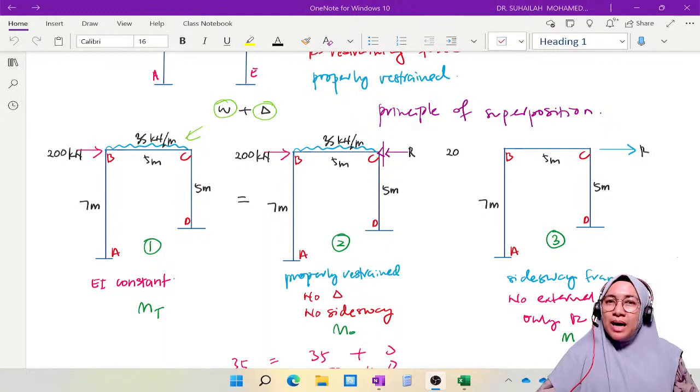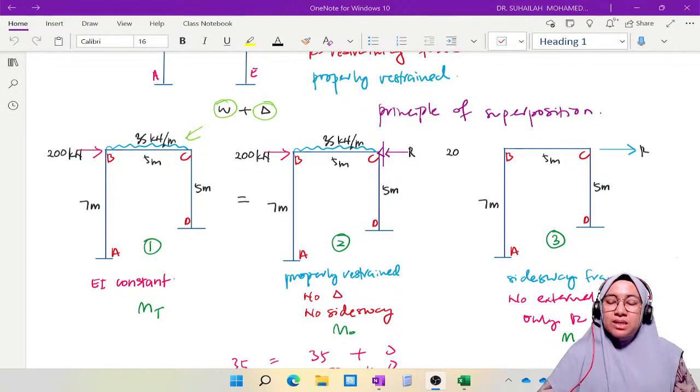And in order to analyze table number 1, we have to remove delta. So when we remove delta, what we do is we have to put an artificial support at C. We have to have a properly restrained frame, so that we actually remove the delta.